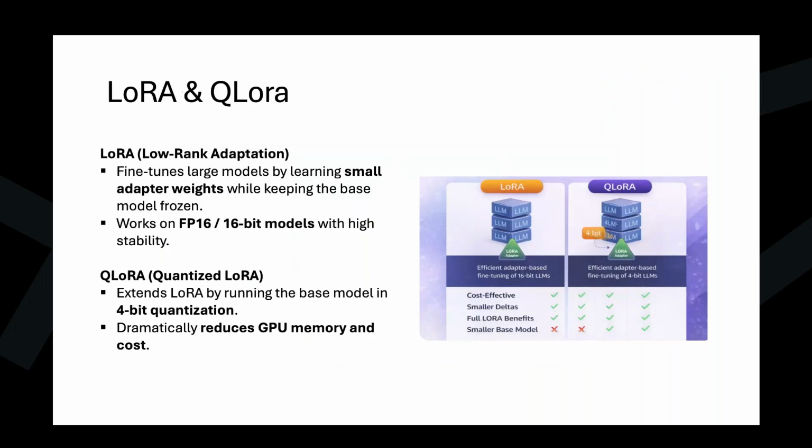Okay, so just to understand LoRA and QLoRA a little better, LoRA fine-tunes large models by learning small adapter weights while keeping the base model. When I say parameter efficient fine-tuning, the base model weights are frozen, and it creates a separate block, much like the transformer blocks you may have seen, which we call an adapter.